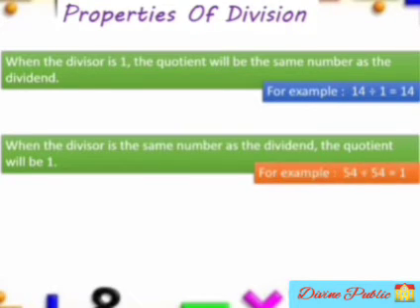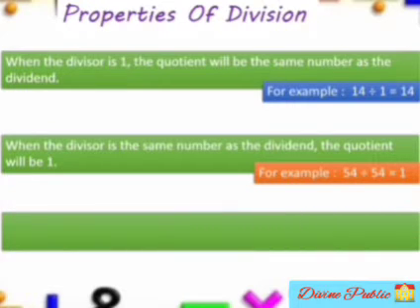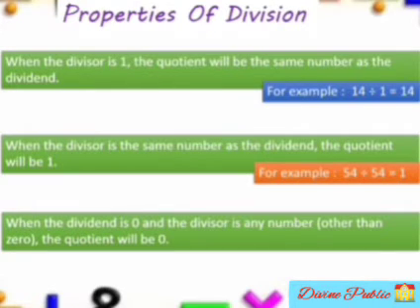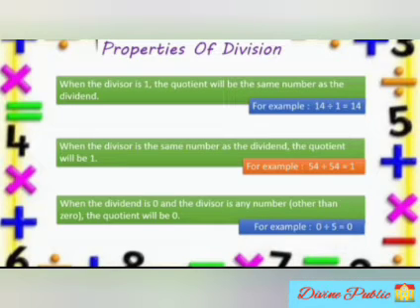Now let us see the example. 54 divided by 54 equal to 1. The next property. When the dividend is 0 and the divisor is any number other than 0, then the quotient will be 0. For example, 0 divided by 5 equal to 0.